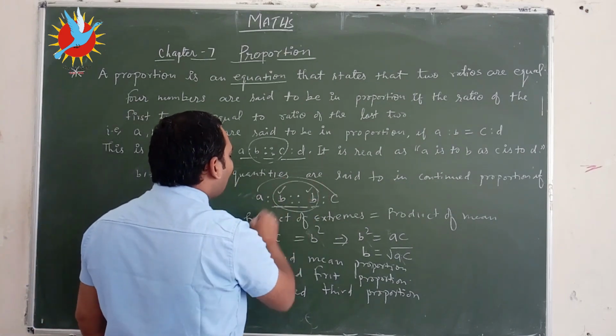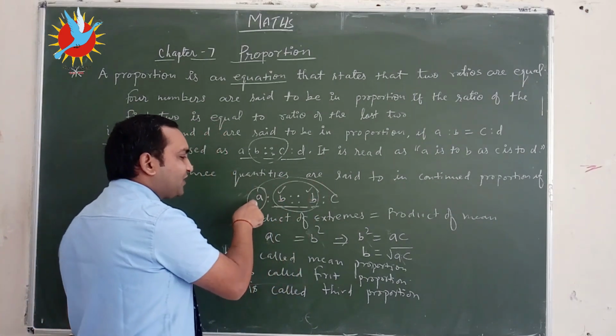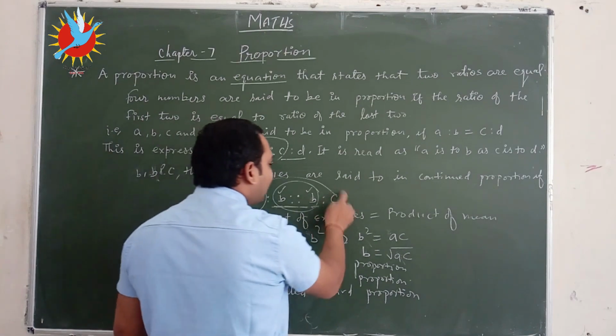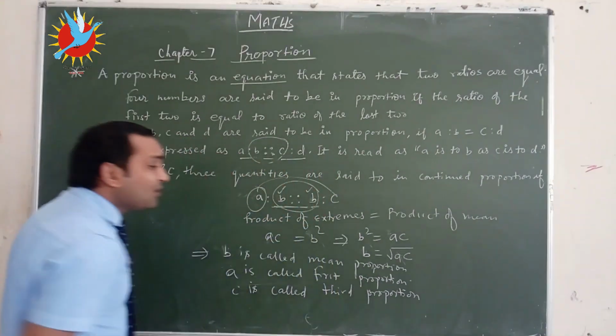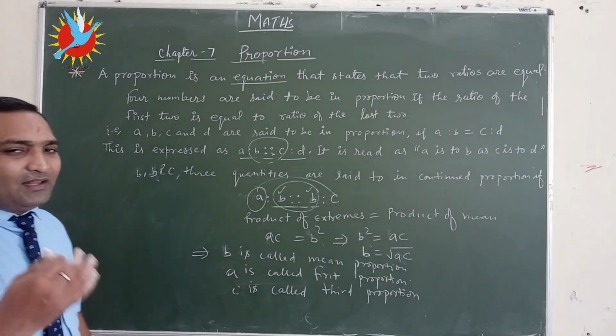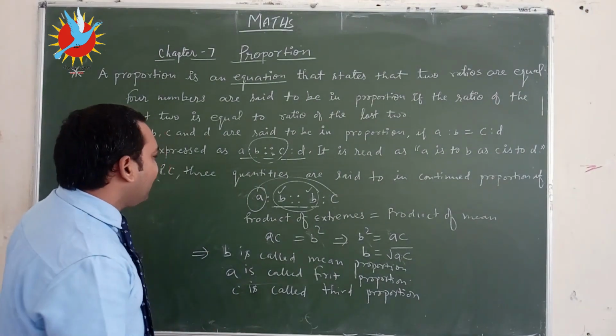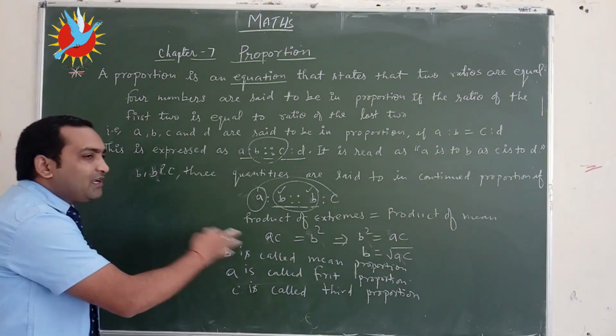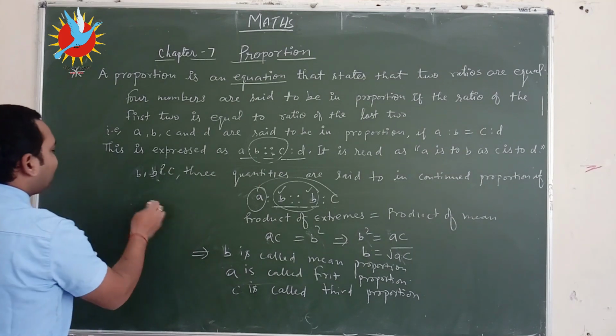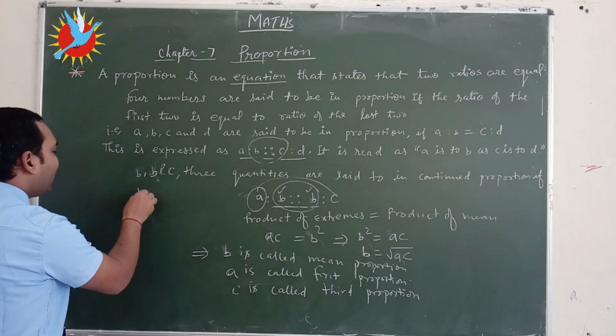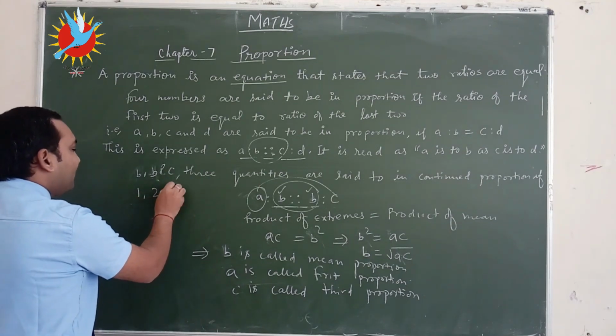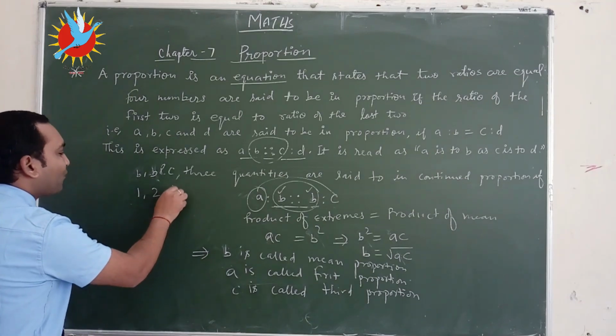B is the mean proportion, A is the first term, so it is called the first proportion. C is the third term, so C is called the third proportion. So if this type of question is given, find the continued proportion. If there are two numbers 1, 2, then find the third proportion.